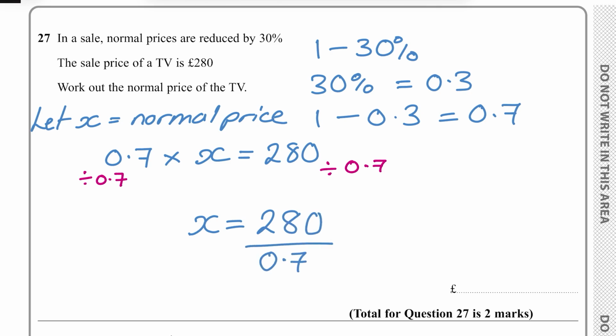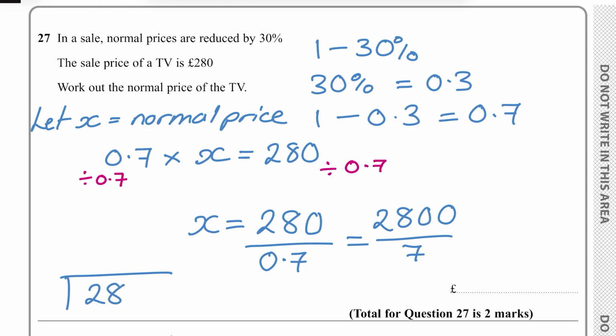You don't want to go dividing by decimals, so we're going to move the decimal point one place, whatever you do to the top of a fraction, as long as you do it to the bottom. So that will actually equal 2800 divided by 7. And if we do a quick bus stop of that, 7's into 28 go 4. So you're left with 400, and that's your answer.